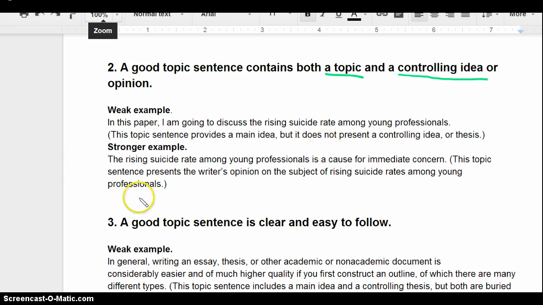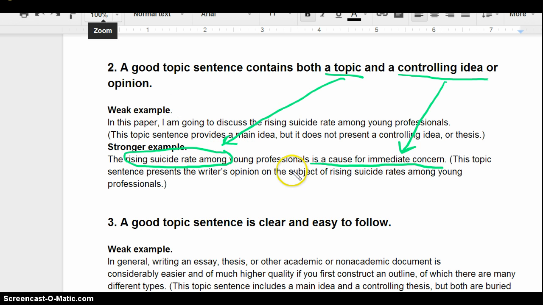The stronger example: the rising suicide rate among young professionals is a cause for immediate concern. Okay, so we know that this is a concern. So the rising suicide rate is the topic, and this is the controlling idea right here.